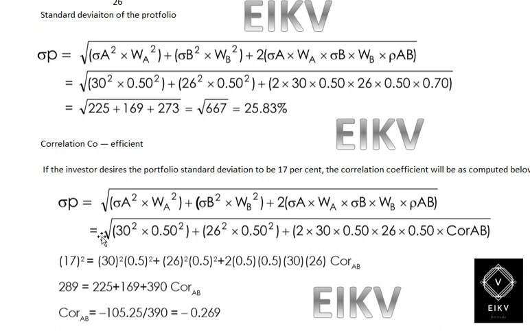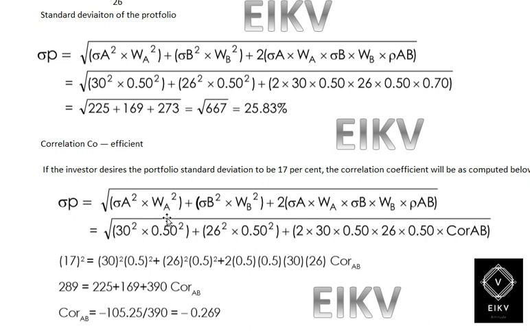That is equal to root of 30 square into 0.5 square plus 26 square into 0.5 square plus 2 into 30 into 0.5 into 26 into 0.5 into correlation of AB. So the risk will be 17.